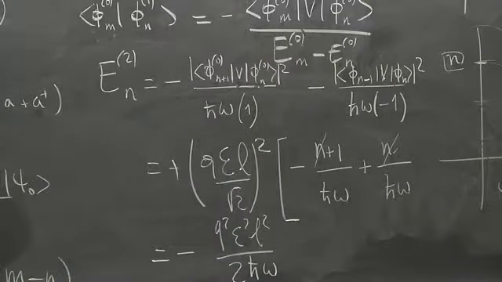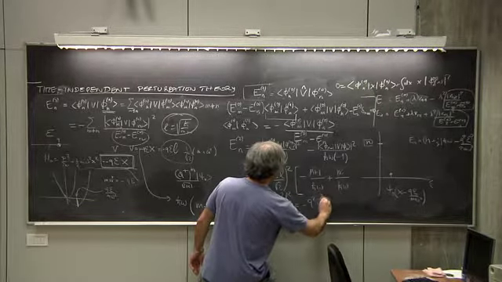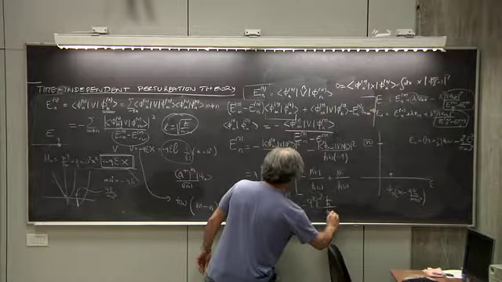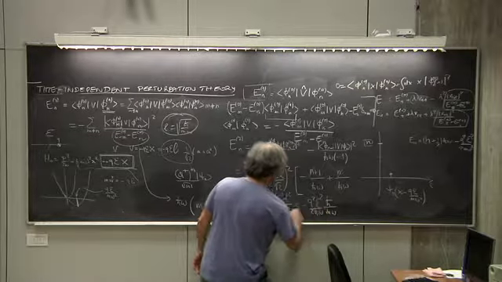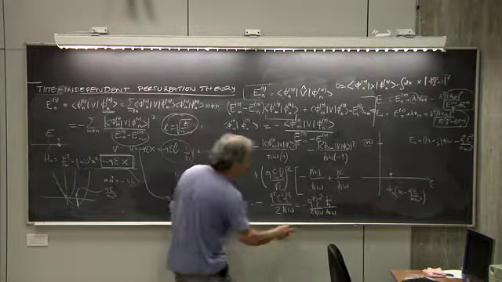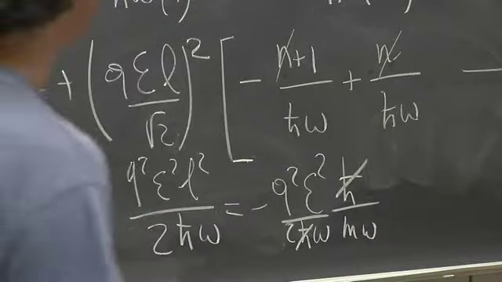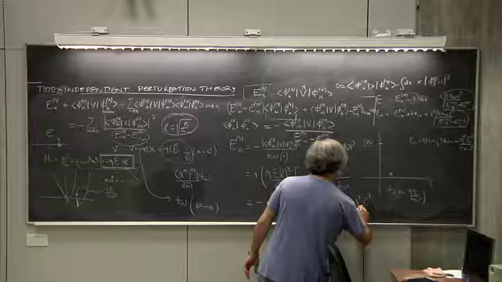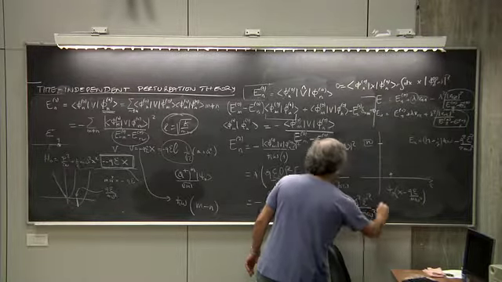Now, shall we put the formula for L square in? Yes, minus q square epsilon square h bar over m omega, then 2 h bar omega. You see that h bar actually goes away, and all I have is minus q square epsilon square over twice m omega square.